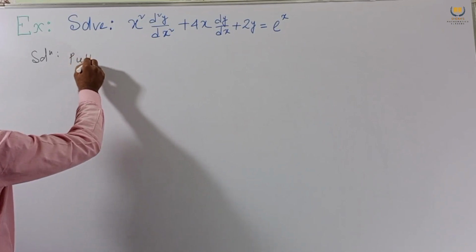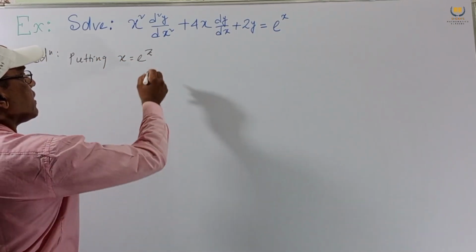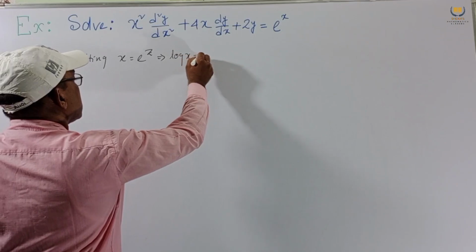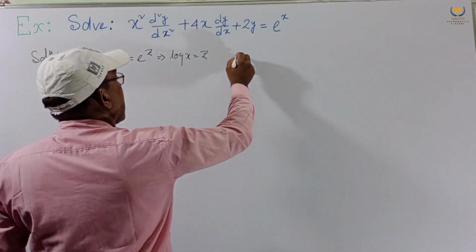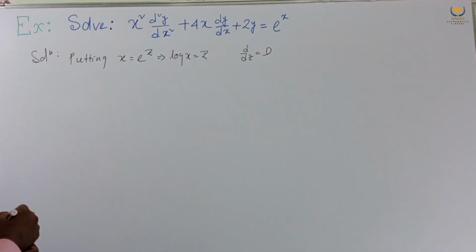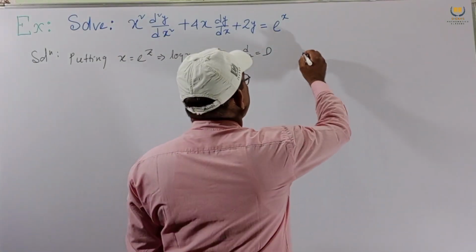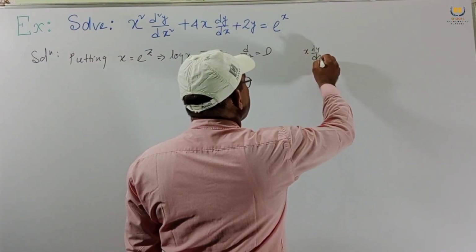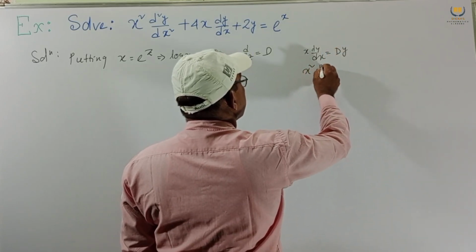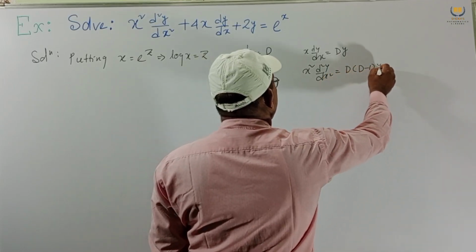So for solving this problem, putting x = eᶻ. This implies log x = z, and d/dz = capital D. We consider d/dz = D. It was also given that x dy/dx can be written as Dy, and x² d²y/dx² is D(D − 1)y.